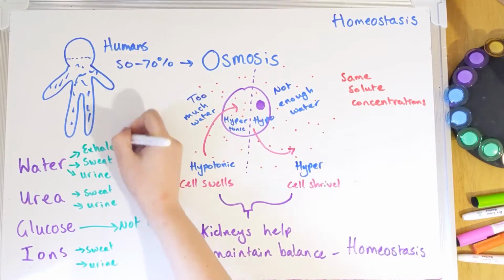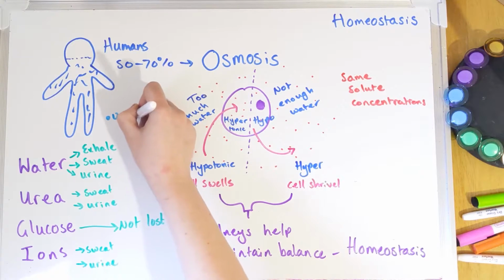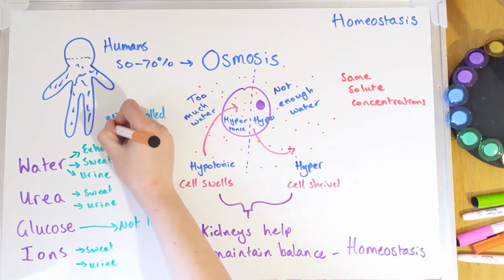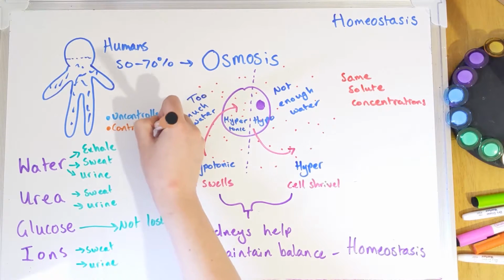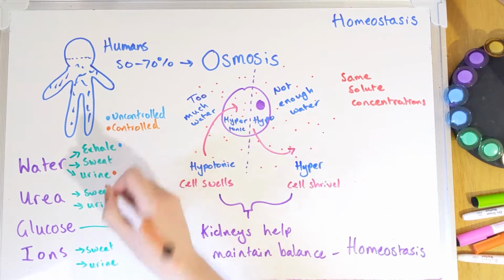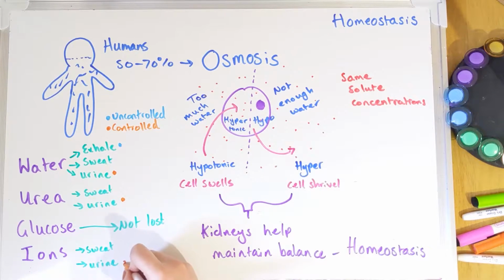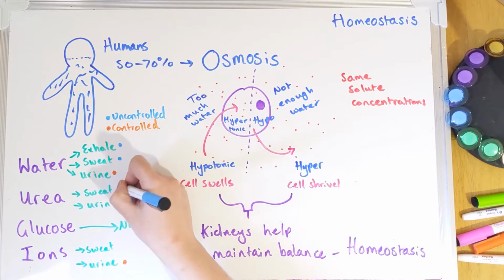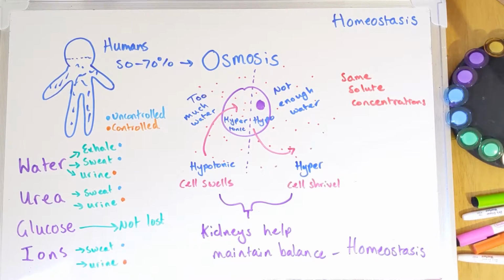Let's say a blue dot will be uncontrolled, so you lose it whether you like it or not. So there you go. Anything to do with sweating and exhaling is uncontrolled, and anything to do with urine production, which goes via your kidneys, is controlled.